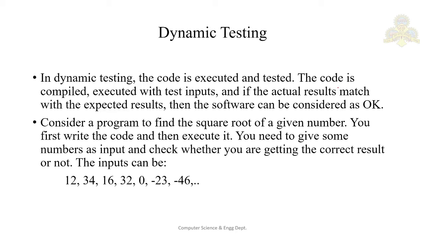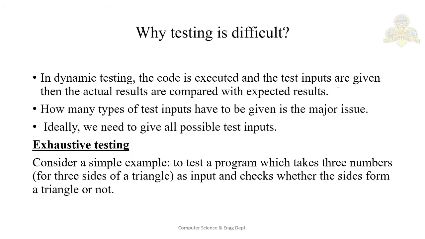It results in an overflow and you will get a runtime error. So there are lots of issues that need to be resolved in dynamic testing. You need to check the software for valid inputs, invalid inputs, and also ensure that the software gives the appropriate error messages. Okay, now let's see why testing is difficult.